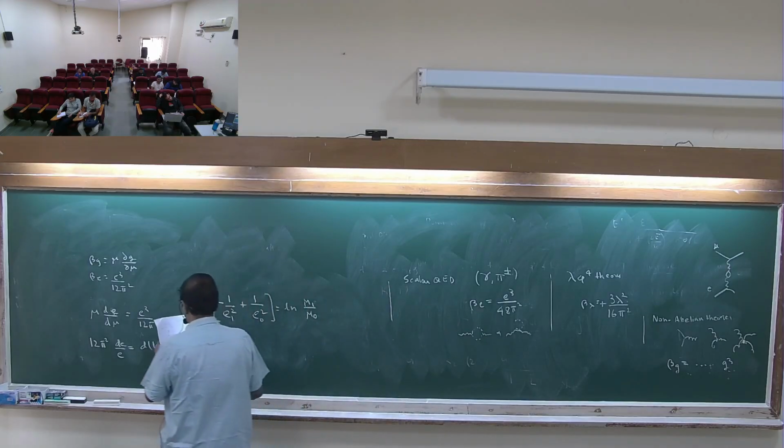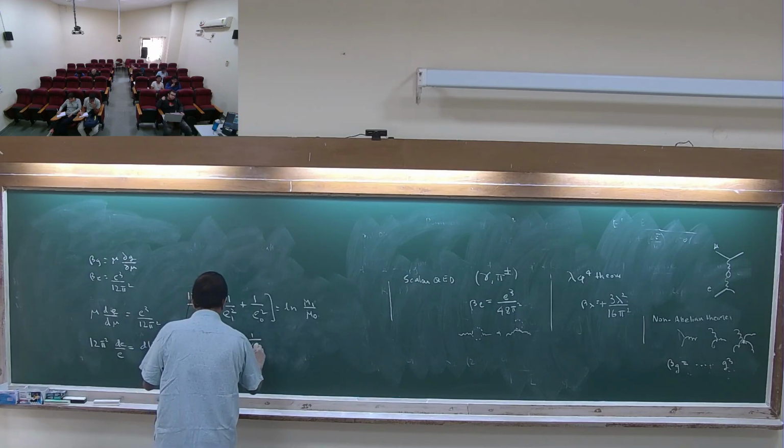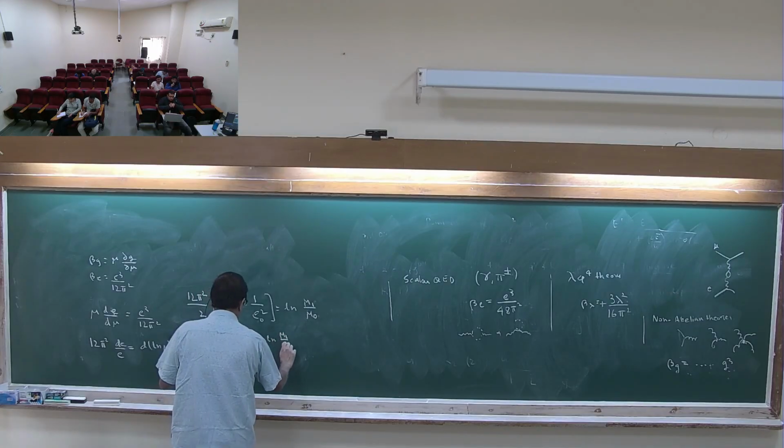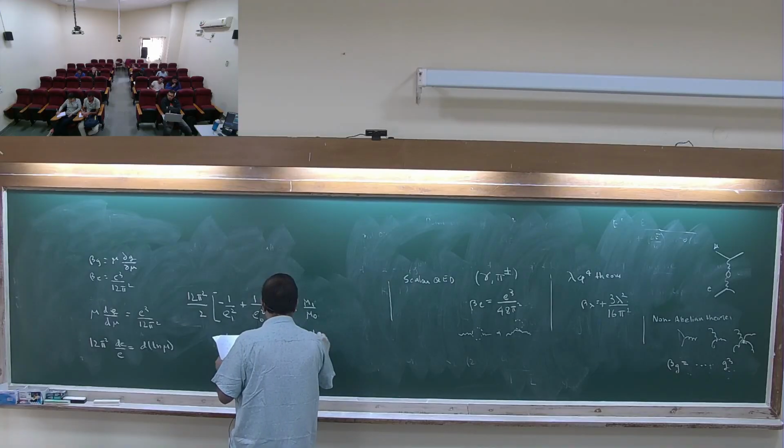So 1 by E naught squared minus 1 by 6 pi squared logarithm of mu 1 by mu naught is 1 by E1 squared.